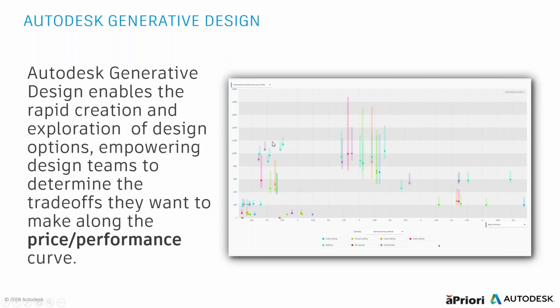In this particular case, we're plotting the estimated manufacturing cost on the vertical axis versus the mass, and these are all our different outcomes. The different colors are the different manufacturing methods, also something you can configure within the output. We have 2-axis cutting, 2.5-axis milling, 3-axis milling, 5-axis additive results, die cast results, and then the unrestricted results.